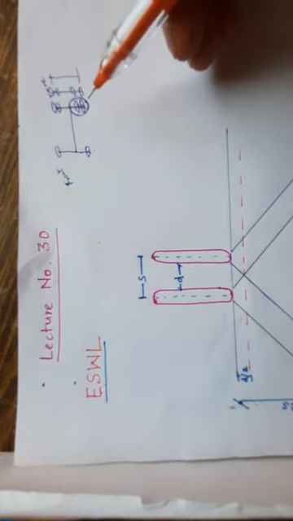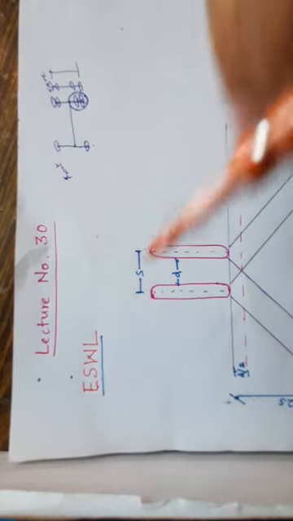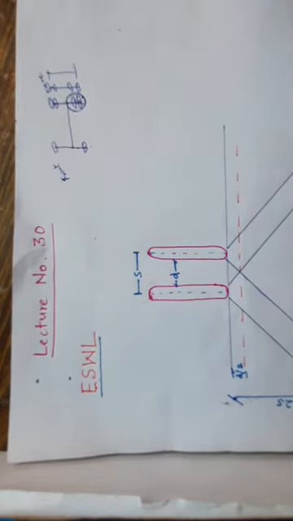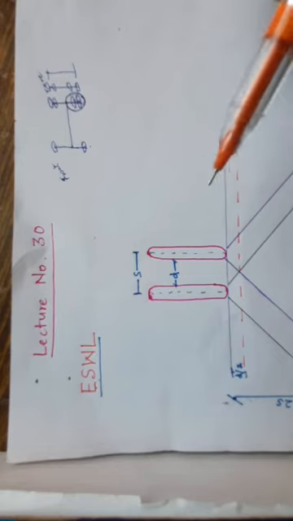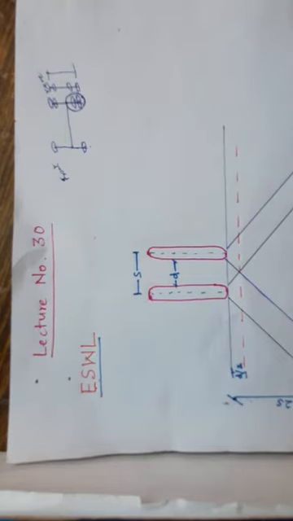So the equivalent single wheel load of a dual wheel load assembly at a depth Z may be defined as the single wheel load replacement of a dual wheel load assembly, which will cause the same magnitude of vertical deflection or the same value of compressive stress at a depth Z.